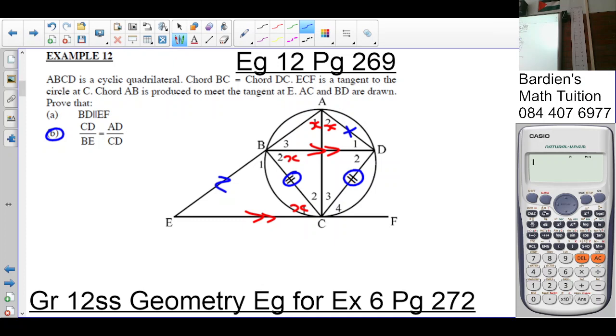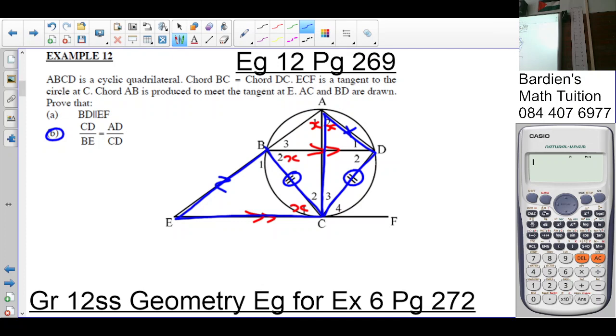Triangle BEC and triangle ADC. Okay? Why do you think you're going to work in those two triangles? Because they contain most of the lengths, all the lengths that they're referring to, not so?